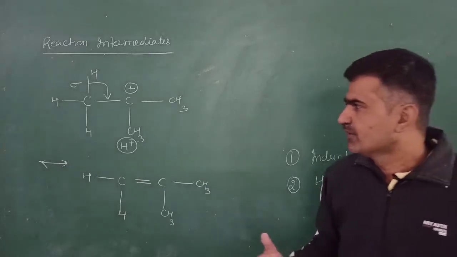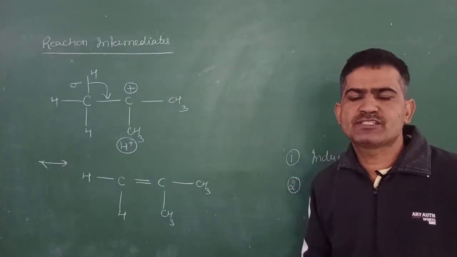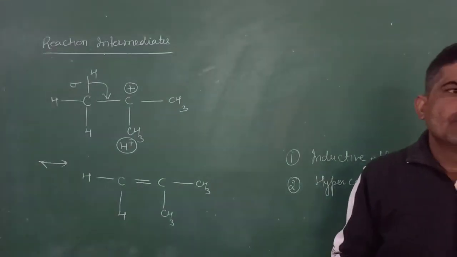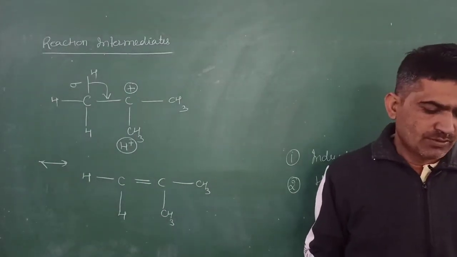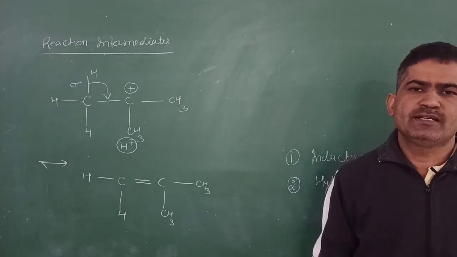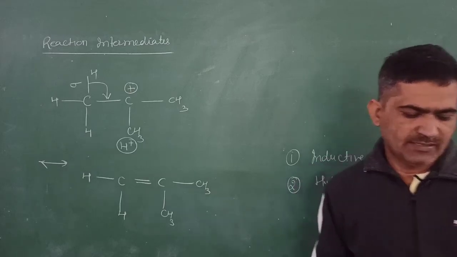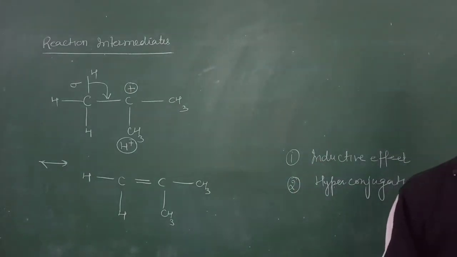In secondary, only 6 hyperconjugative structures are possible. In case of primary, no hyperconjugative structures are possible. That's why the tertiary carbocation is more stable than the secondary, and the secondary more stable than the primary.